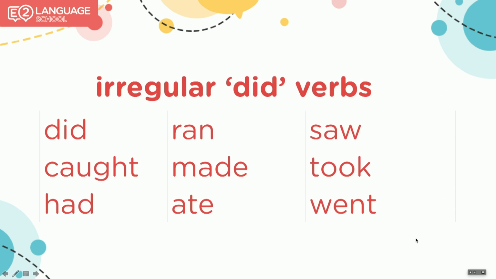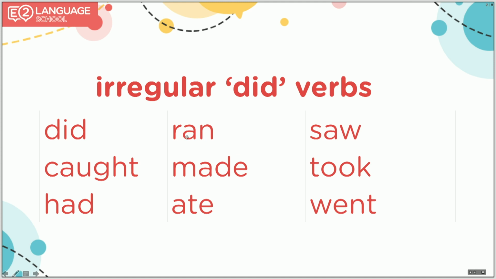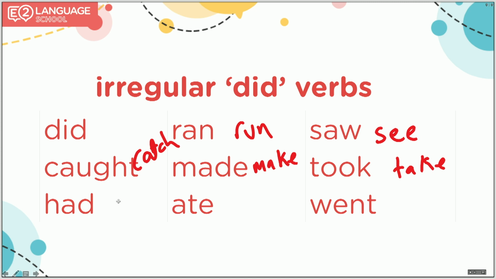So here are some common irregular did verbs like did, ran, saw, caught, made, took, had, ate, and went. And if we look at the do verb, here we have run, here we have see, here we have catch, here we have make, here we have take, here we have have, here we have eat, and here we have go.